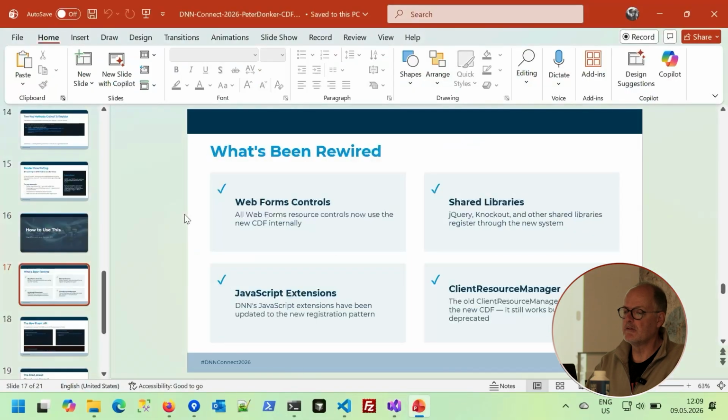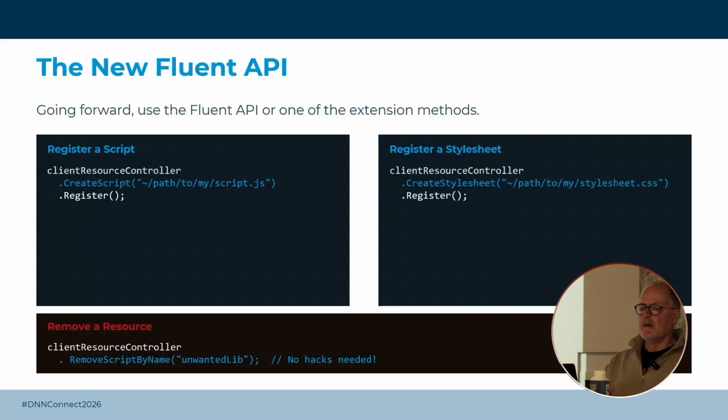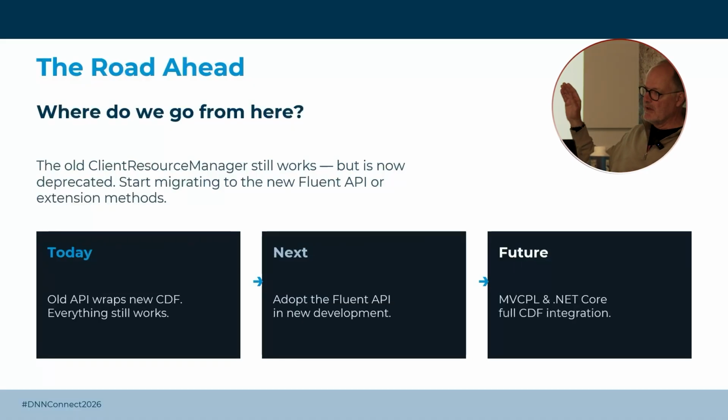Let's have a look. Well, we've seen these methods. So the old API, obviously it wraps that new logic that is there. The next stage, of course, is that within your modules, you're going to slowly migrate to this new way of doing things.